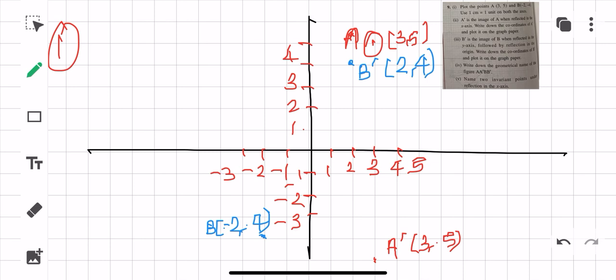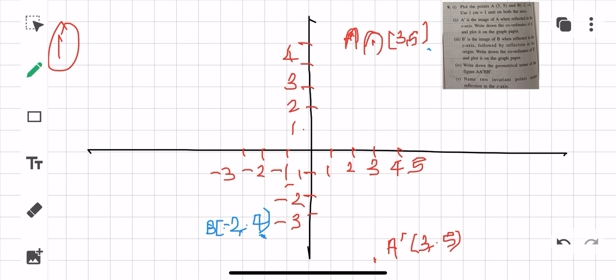What else is being asked, children? So this was our sub question 2. Then B dash is the image when reflected in y axis. Okay, just a second, student. So this is reflected along y axis, children. Sorry, I just thought it's origin. So this is not this point.